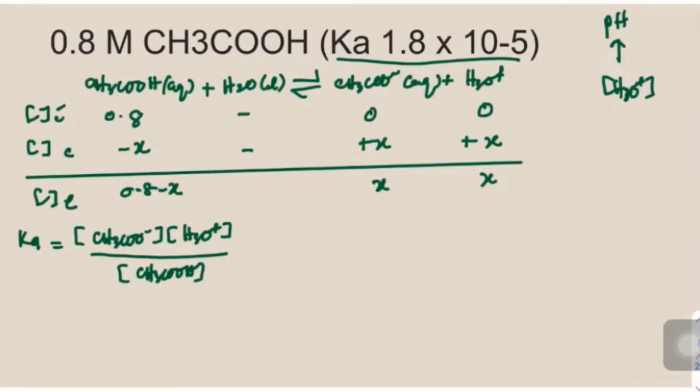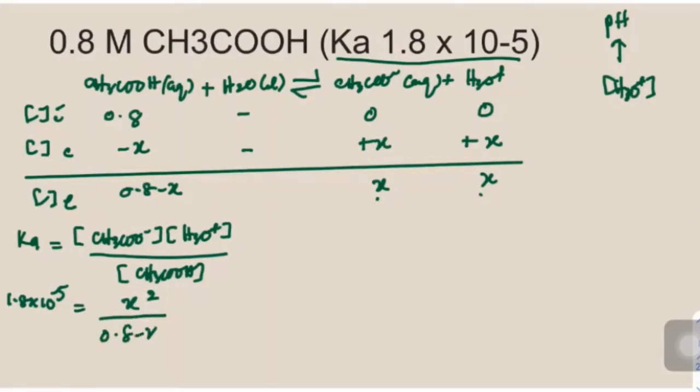Okay, and then the Ka is given as 1.8 times 10 negative 5. So it is equal to, plugging this in, X squared over 0.8 minus X.